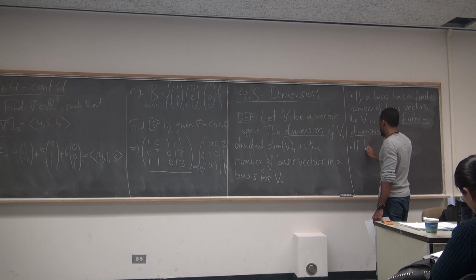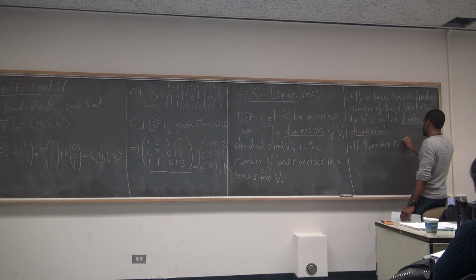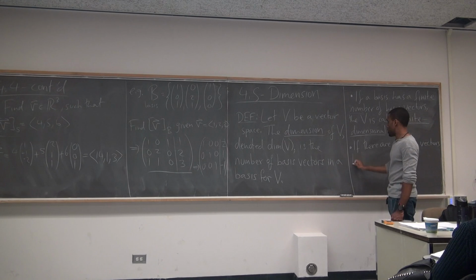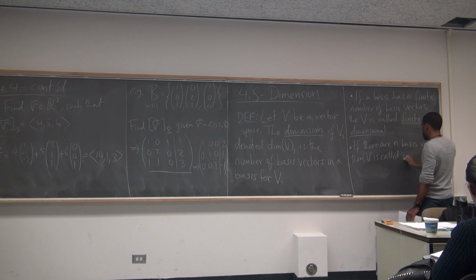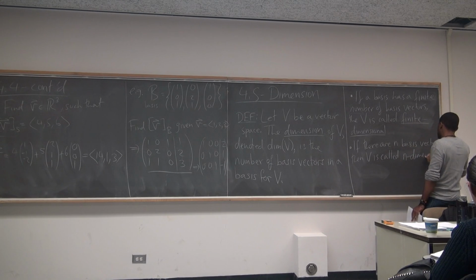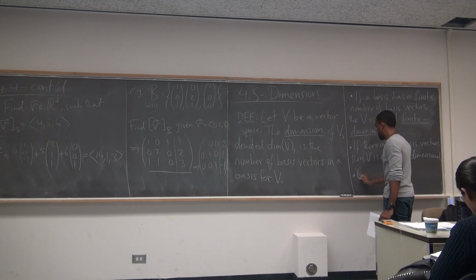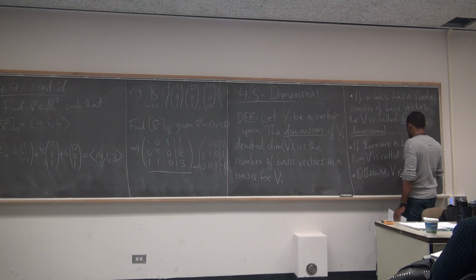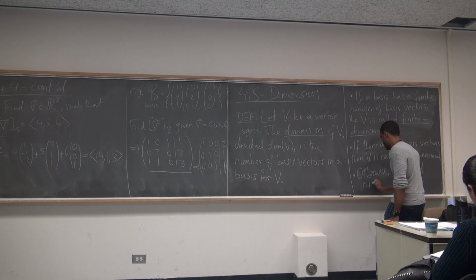In particular, if there are n basis vectors, n a positive integer, then V is called n-dimensional. Otherwise, V is called infinite dimensional.